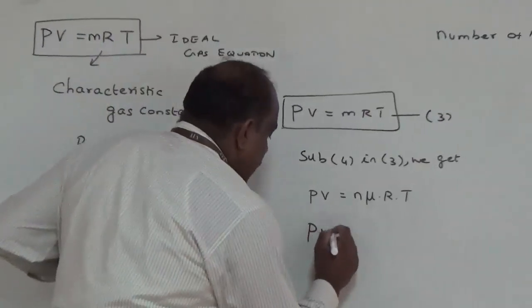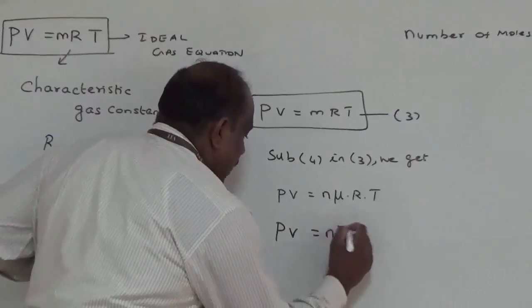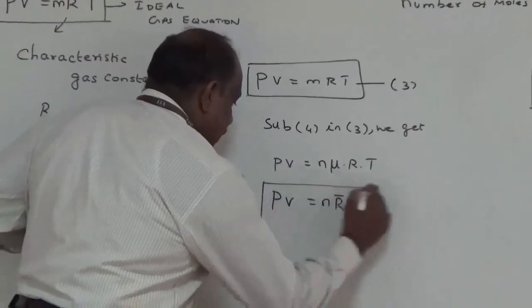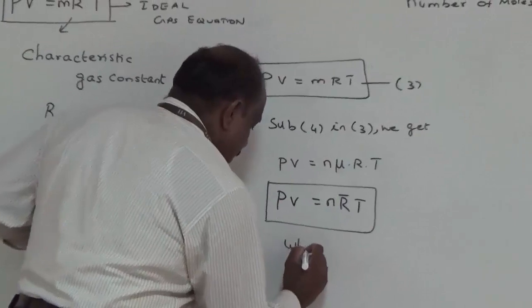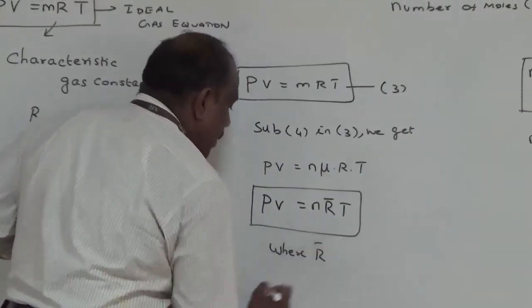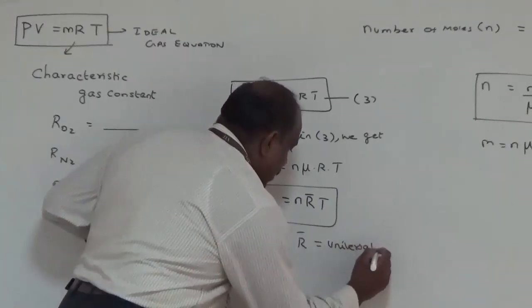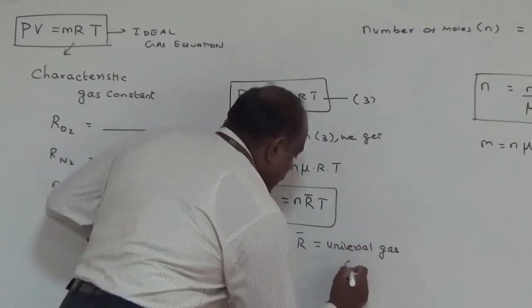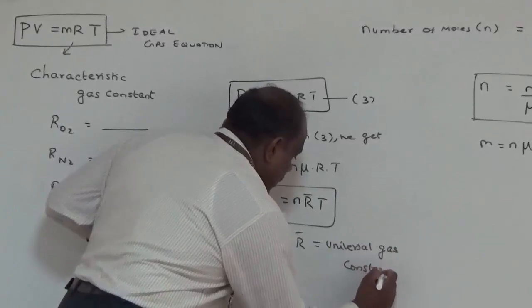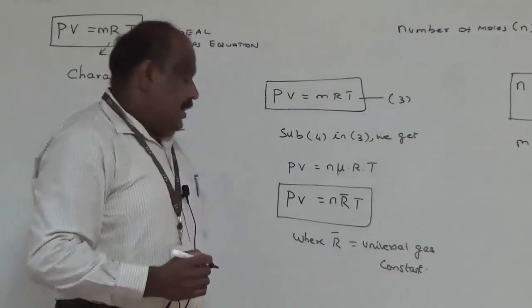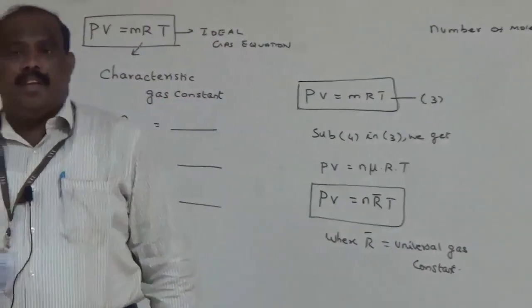So this PV can be written as n R bar T, where R bar is nothing but the universal gas constant. Which means this value will not vary for each and every gas.